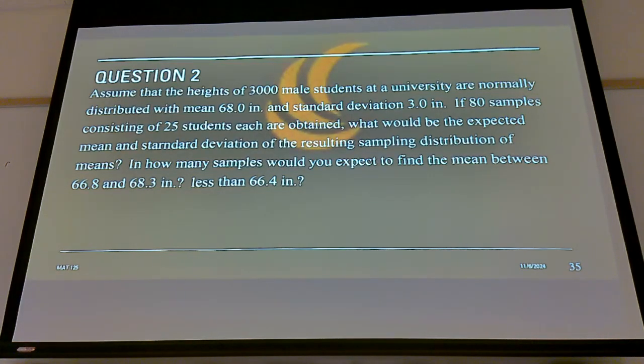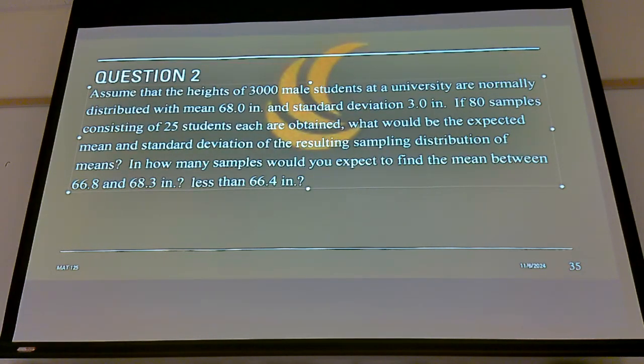If 80 samples consisting of 25 students each are obtained, what would be the expected mean and standard deviation of the resulting sampling distribution of means? And how many samples would you expect to find with the mean between 66.8 and 68.3 inches, and less than 66.4?